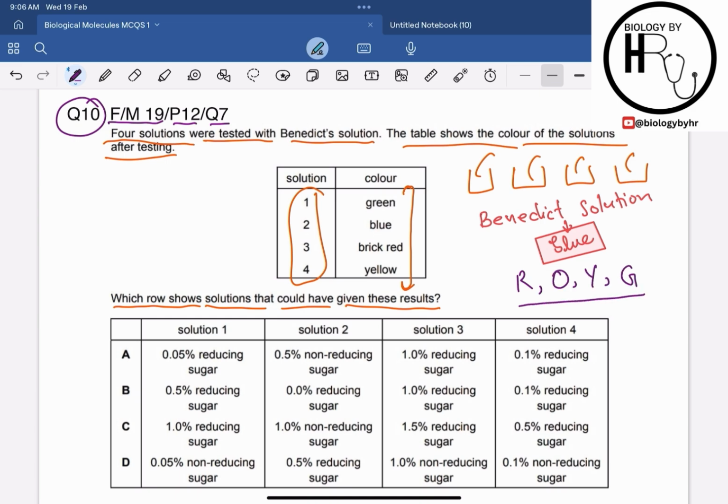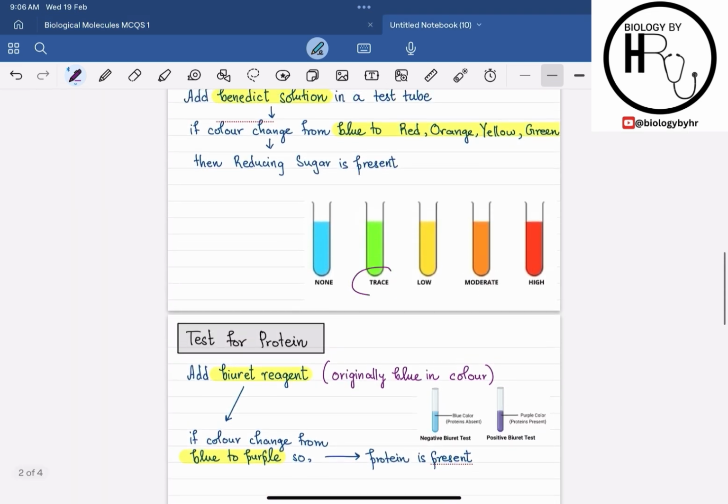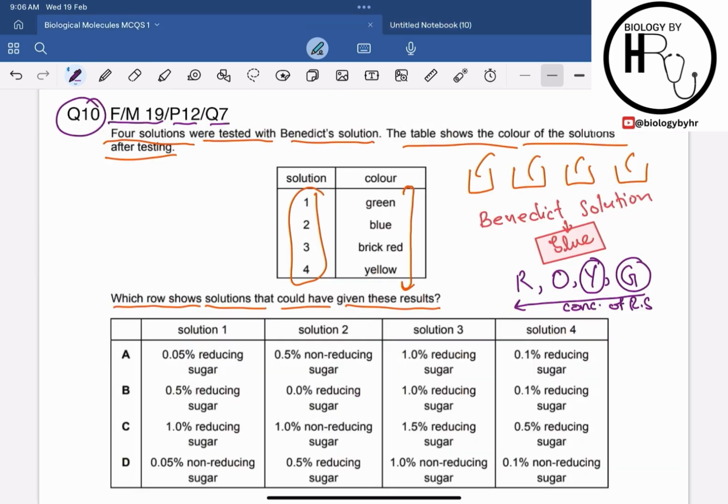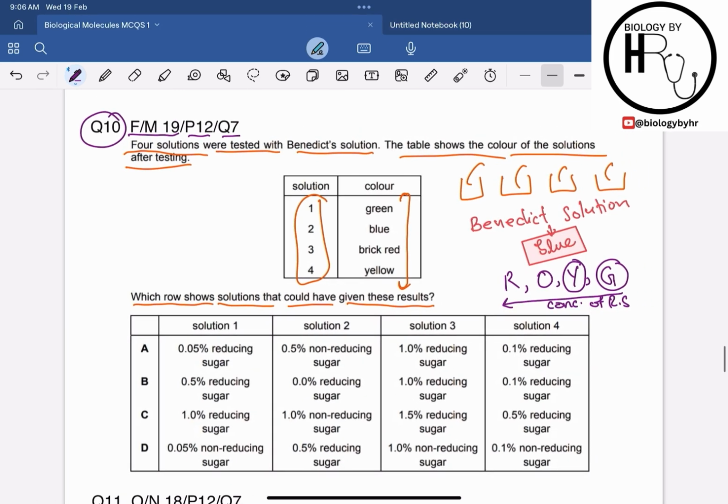And then the color change basically depends upon the concentration of reducing sugar. The trace amount is represented by green, the low amount is represented by yellow, the moderate by orange, and high by red, right? So basically it is in the order of the increasing concentration of the reducing sugar.